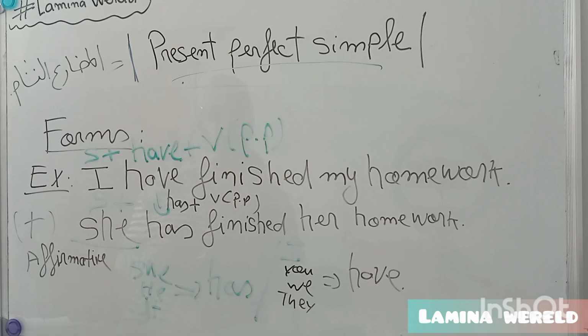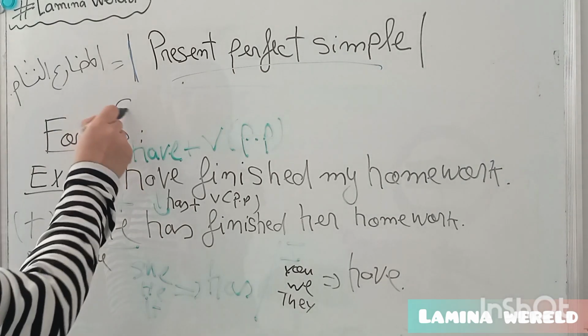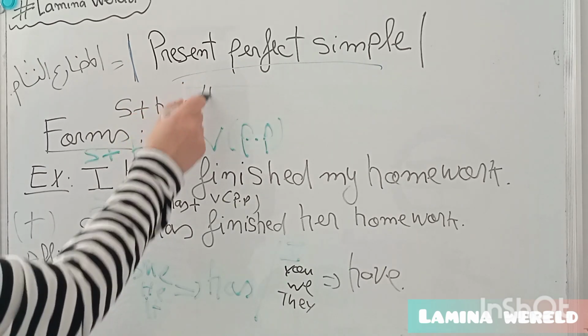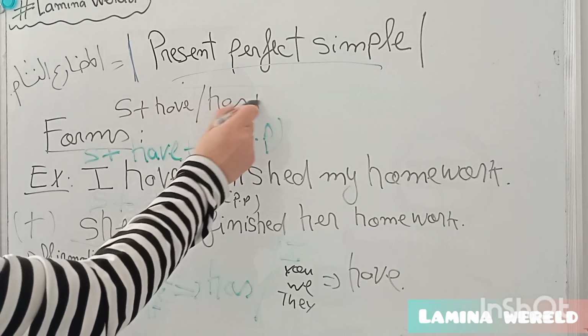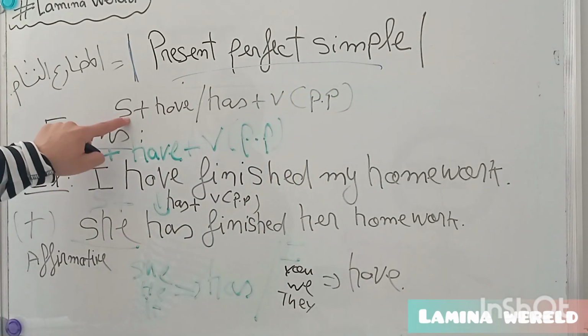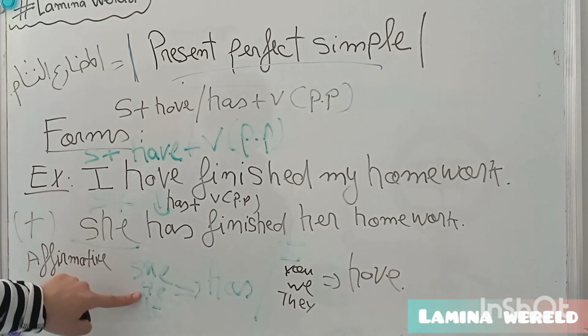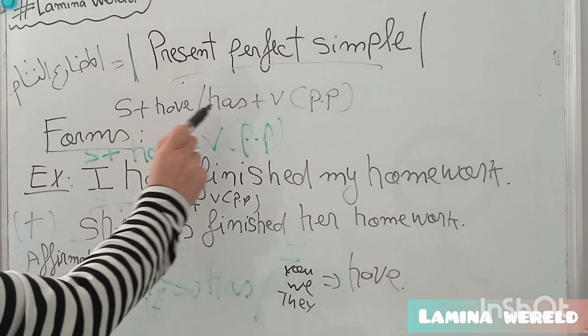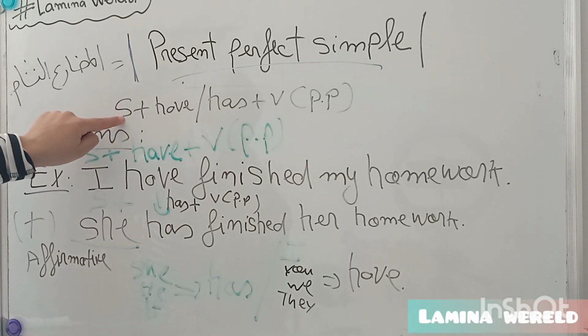And the rule is subject plus have or has plus verb in the past participle. So subjects, whether I, she, he, it, we, they, and then we decide whether we put have or has. It depends on the subject.